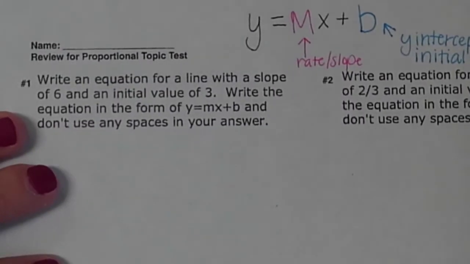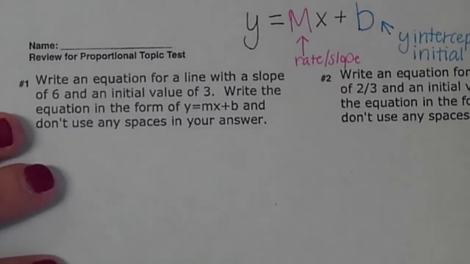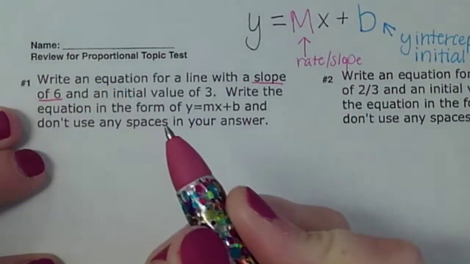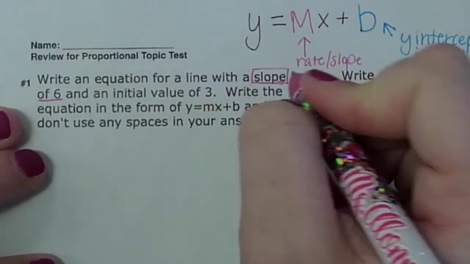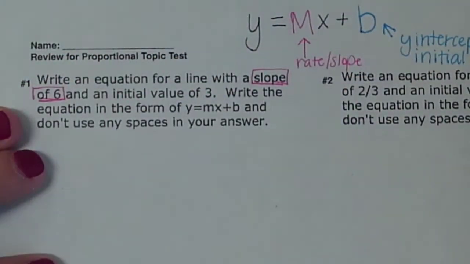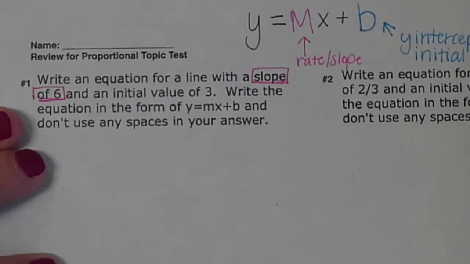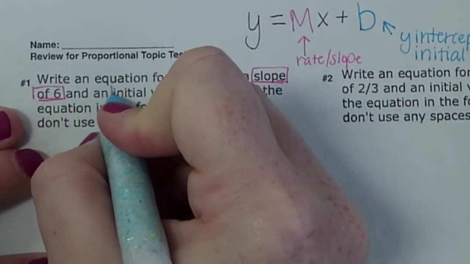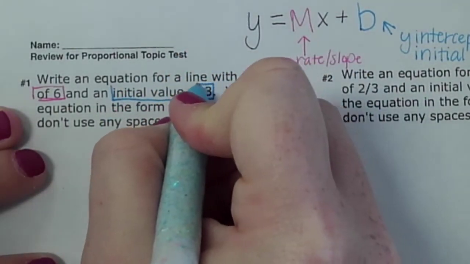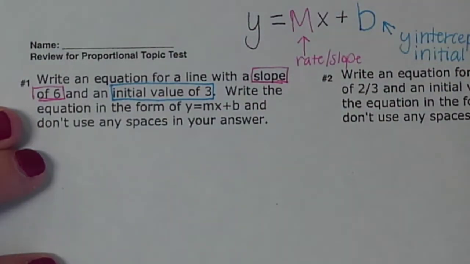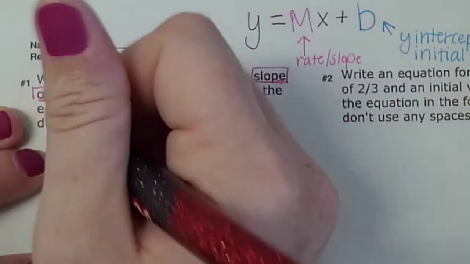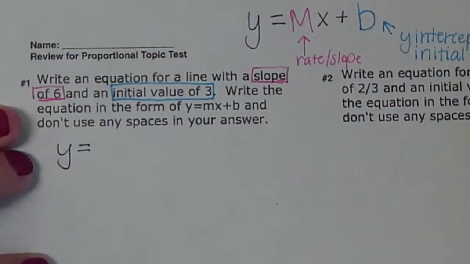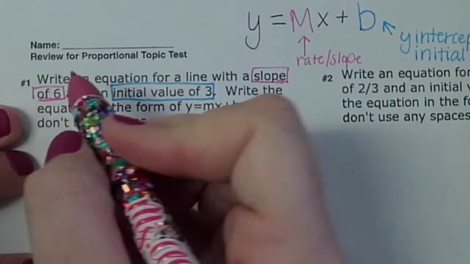Okay, so when you write an equation for a line with a slope of 6, and I'm underlining it in pink on purpose, and an initial value, I'm going to do blue for initial value. Remember, the slope or the rate is always with x. So when you write your equation in that form, y equals m, in this case, is 6.